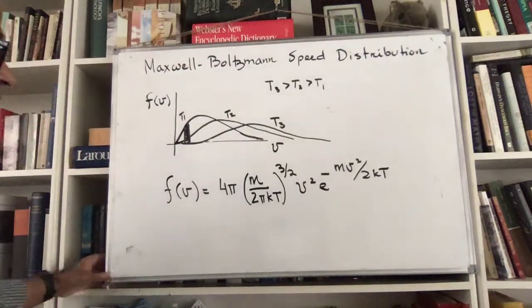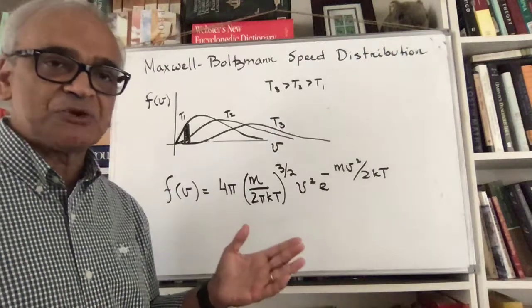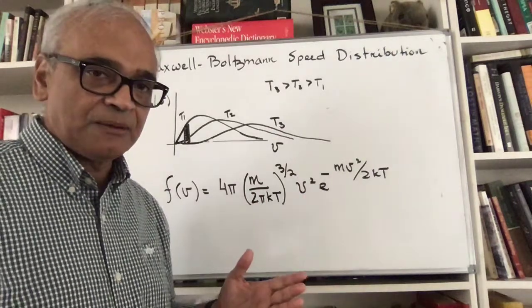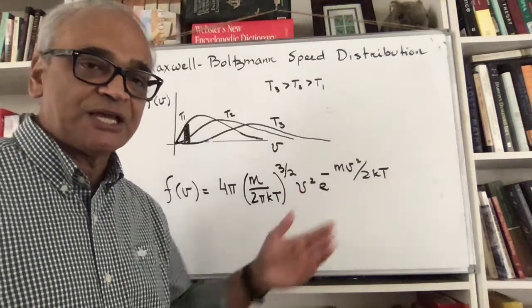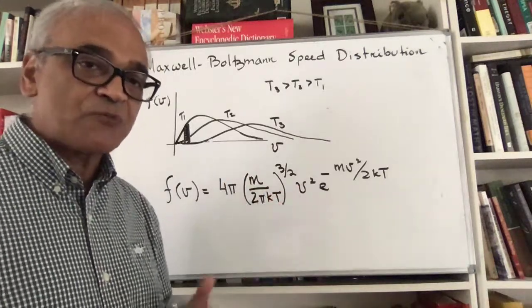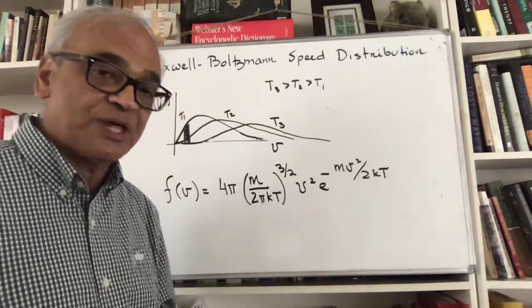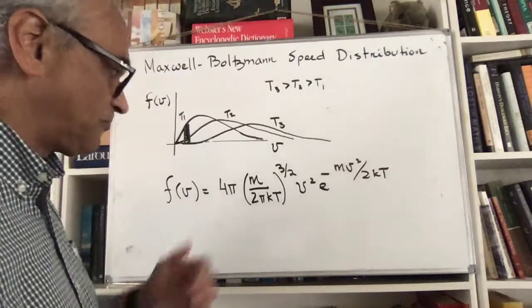Now this is a probability distribution, so you have to multiply it with some kind of velocity or velocity squared to get an idea of what it truly represents. We'll get to that in a few minutes.